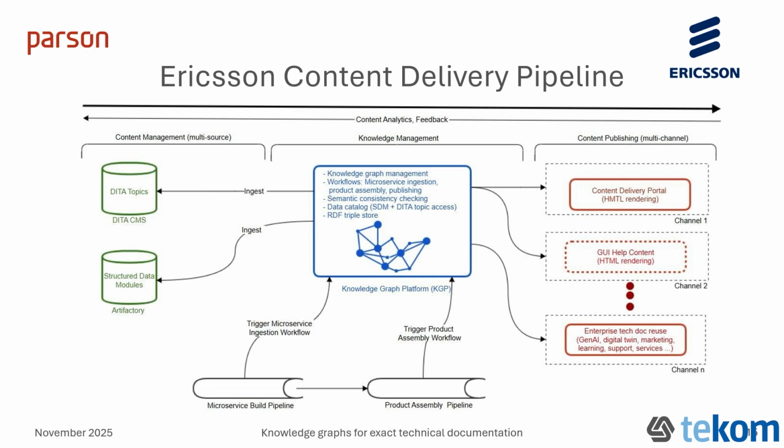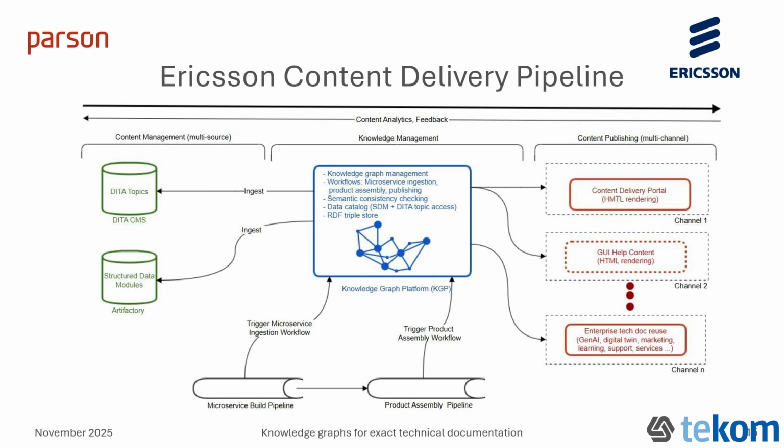And very similar to Anders & Hauser, we have the intention to repurpose the knowledge we have in that knowledge graph and other types of product information, for example, learning or marketing, and to use the digital twin we actually built in this knowledge graph platform in other areas. For example, we can use it in an AI agent.